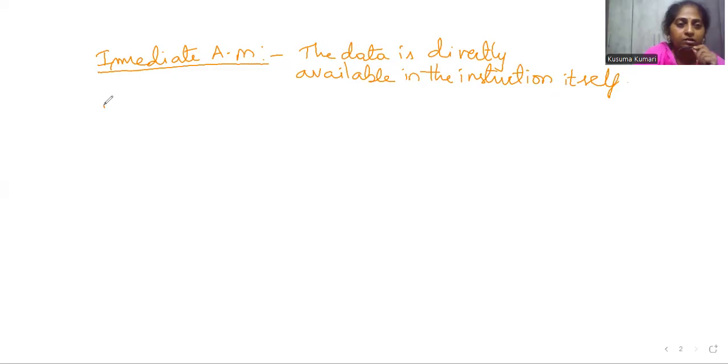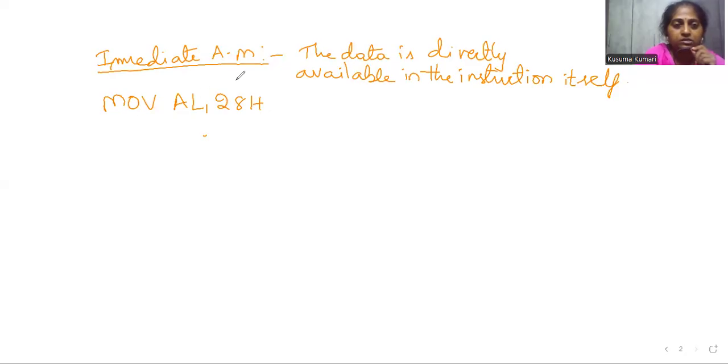Now, for example, one instruction: MOV AL, 28 hexa. What does it mean? This is the instruction format. MOV is the type of operation. It indicates the type of operation; it is a kind of data transfer instruction.